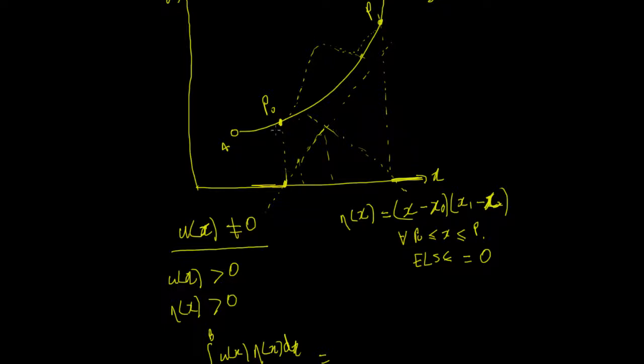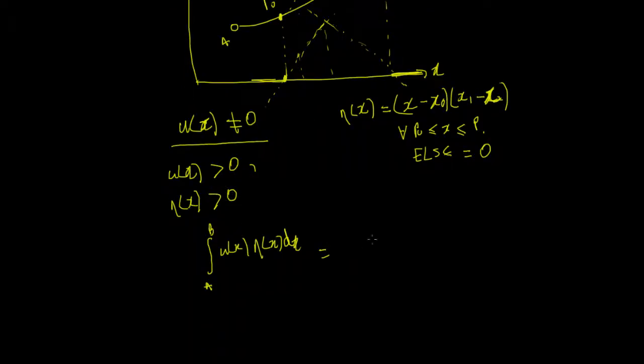It only exists from p0 to p1, so that would be the integral from p0 to p1 of u of x times eta of x by dx. That's greater than 0, that's greater than 0, the whole thing then is greater than 0.